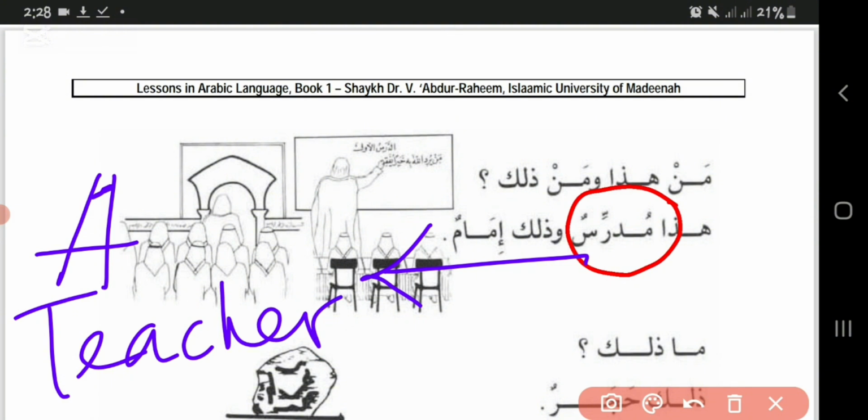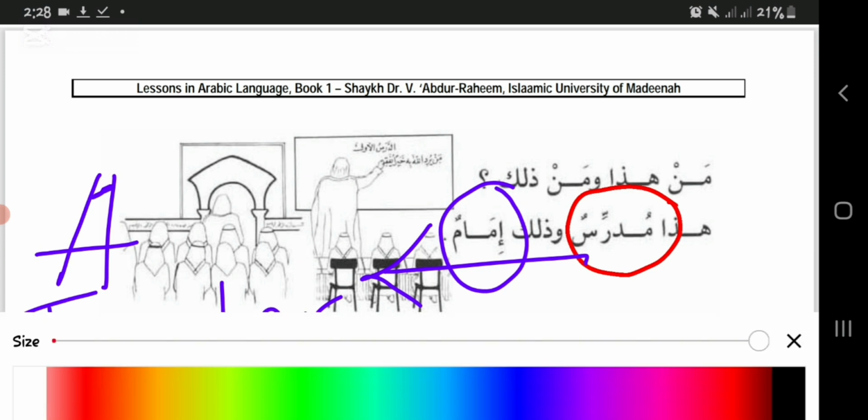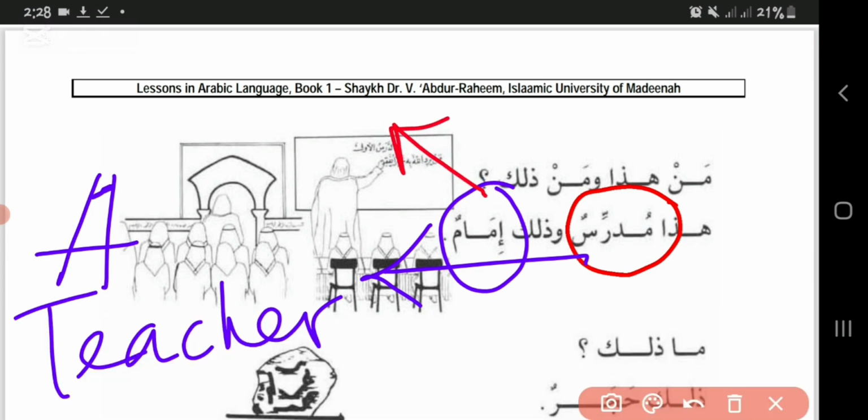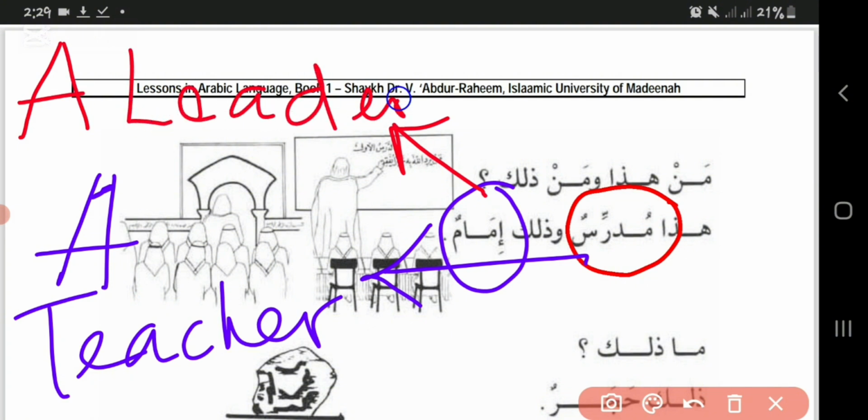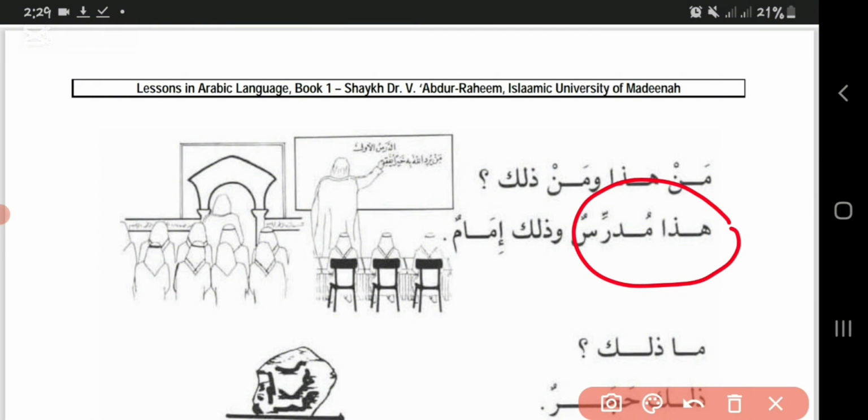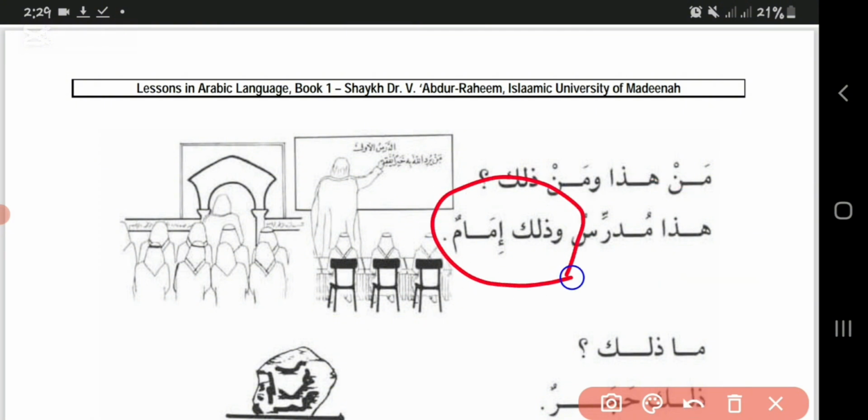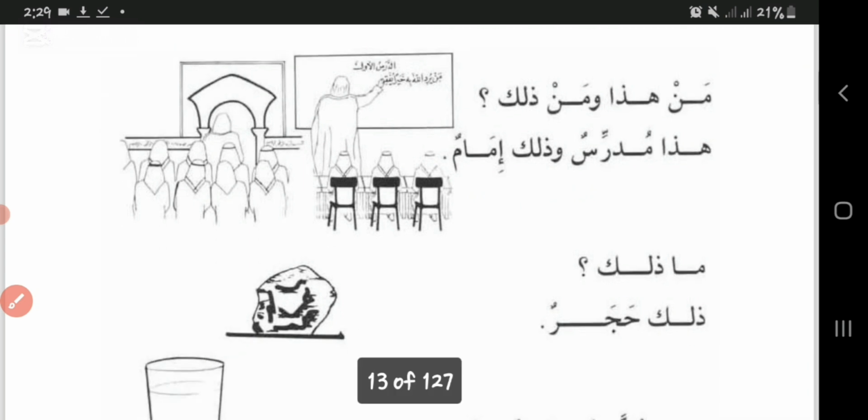Imamun means a leader or an imam. So هذا مدرس, this is a teacher, وذلك إمام, and that is a leader or that is an imam.